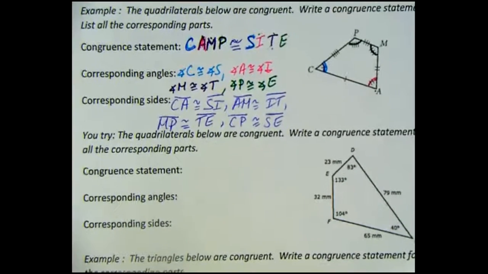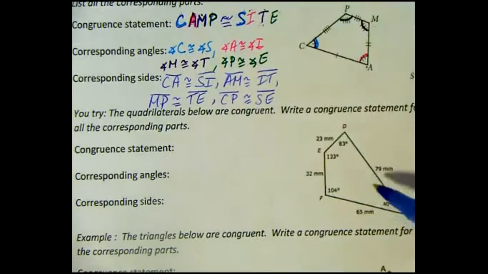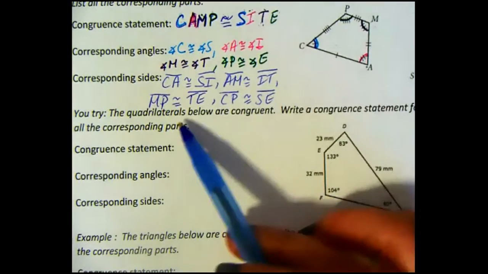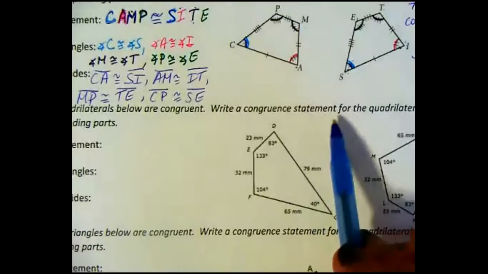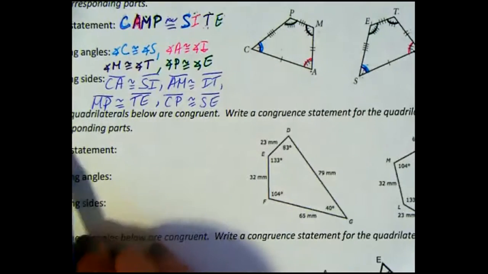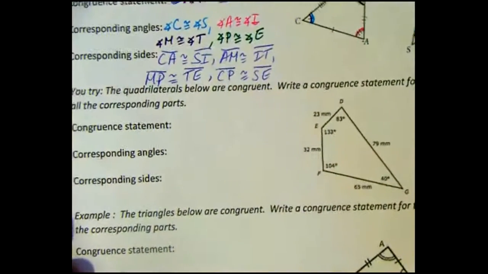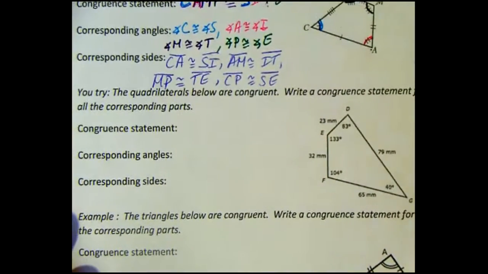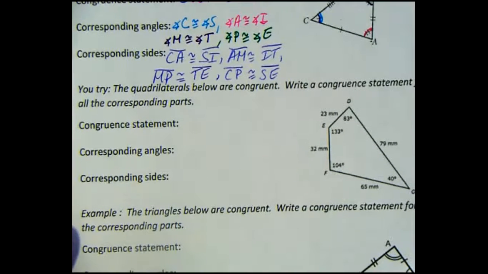So I want you guys to try this out. You have quadrilaterals here. The quadrilaterals below are congruent. Write a congruent statement for the quadrilateral. List all the corresponding parts. I want you guys to give me the congruent statement in the chat.